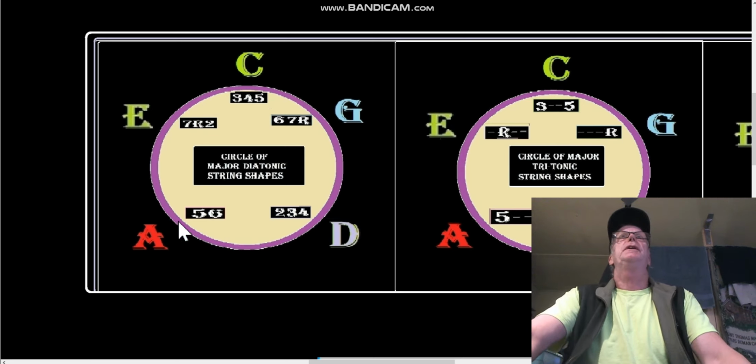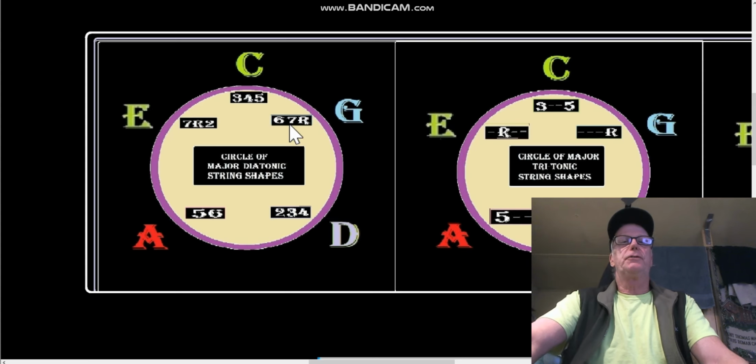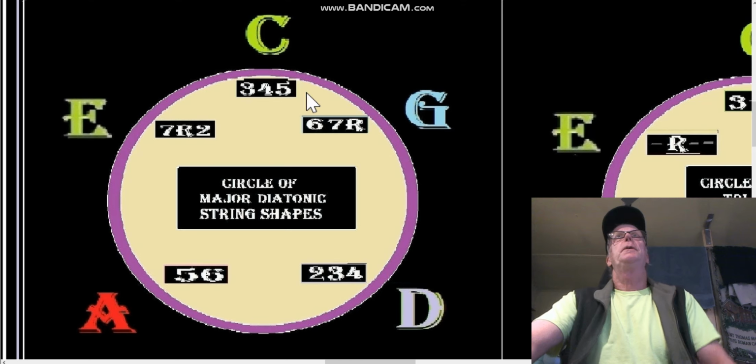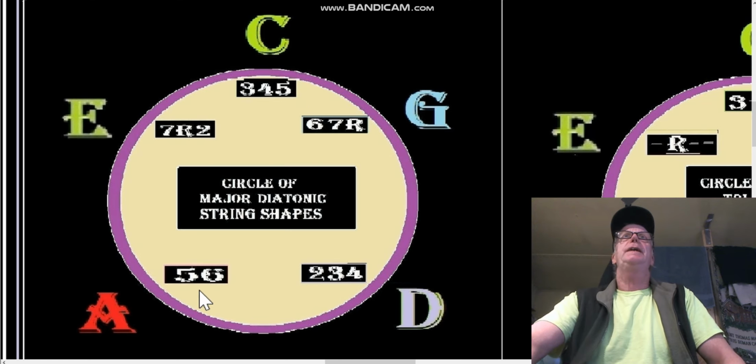This is just in fifths here because of the string shapes. These are the bottom strings of the cages. The C string shape is 3, 4, 5, the G string shape is 6, 7, root, the D string shape is 2, 3, 4, the A string shape is 5, 6.